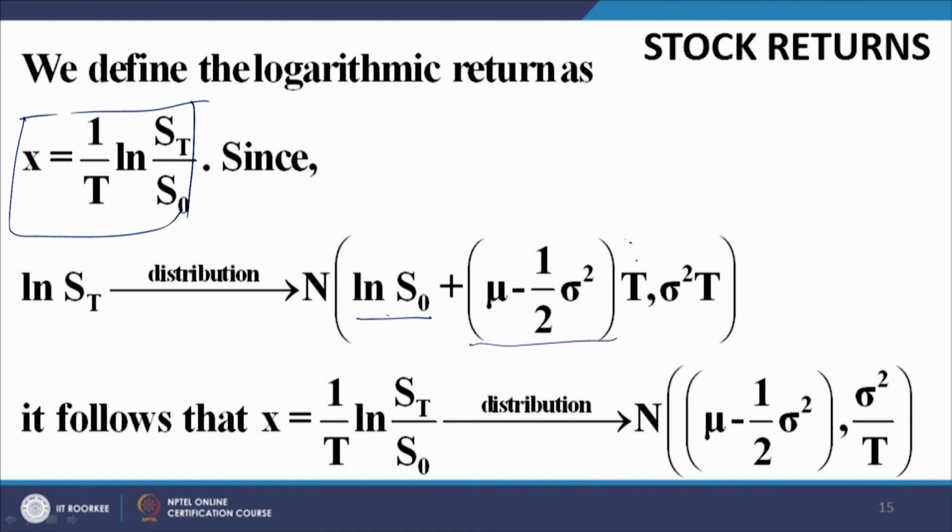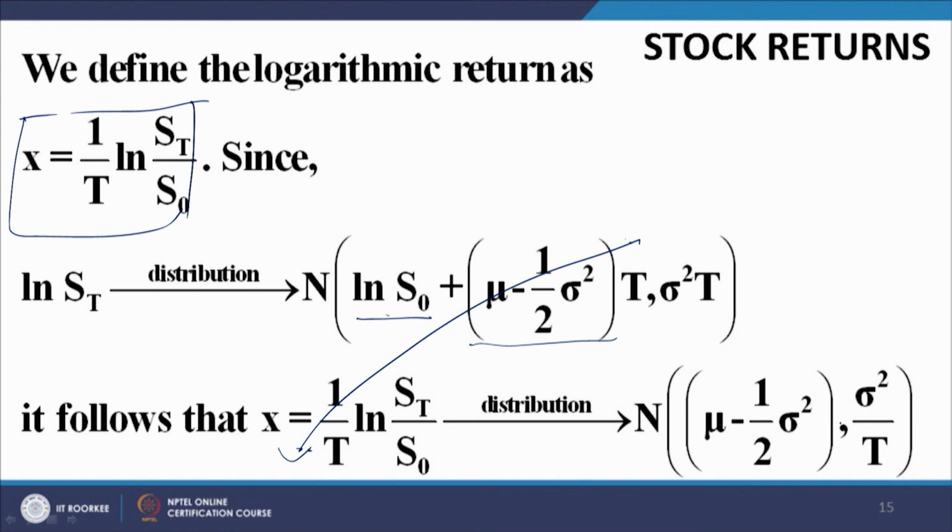This t will not be there, this t has gone to the left hand side, and a variance, when you work out the variance you will divide throughout by t squared, and so the variance of this return will be equal to sigma square upon t.